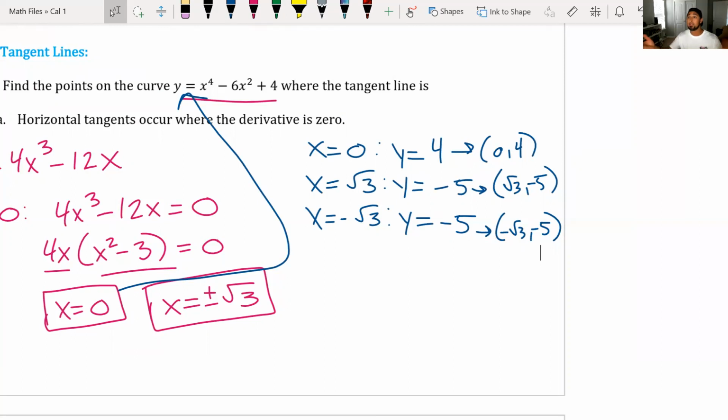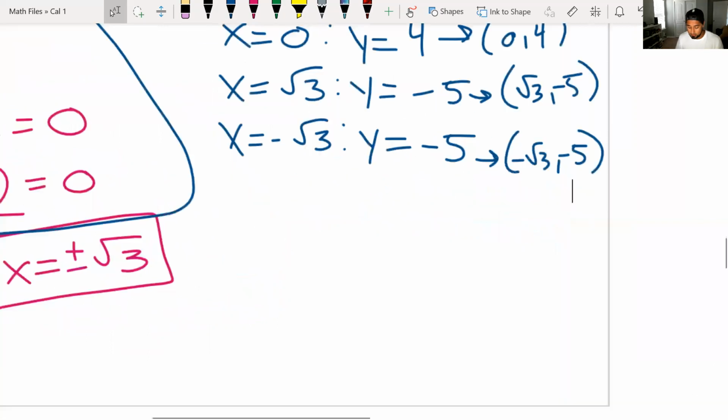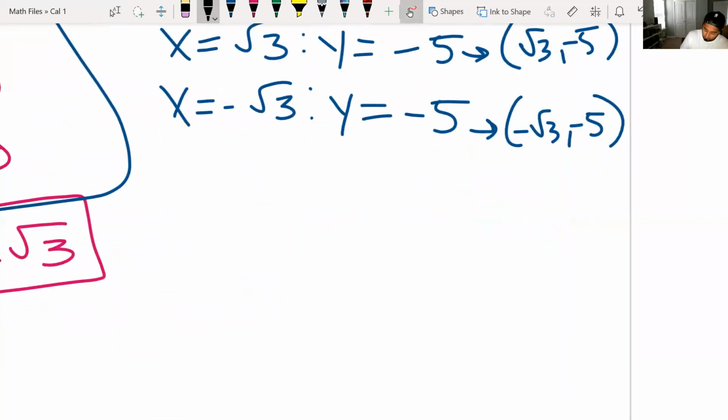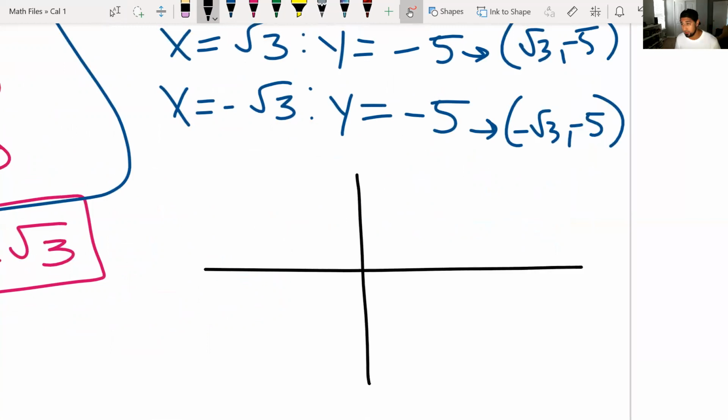Now, what does it all mean? You don't have to draw a graph for this one, but I want a graphical representation other than, again, us just crunching numbers. So, if I were to graph this, well, let's say I have negative square root of 3 here, 0, and square root of 3.